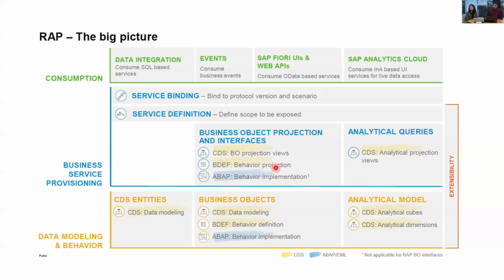Projections are like a subset of your interface views, and you also create a behavior projection and implementation for specific UI or role-based purposes. Then you expose the entities you require in the service definition, which defines which entities should be part of your OData service.